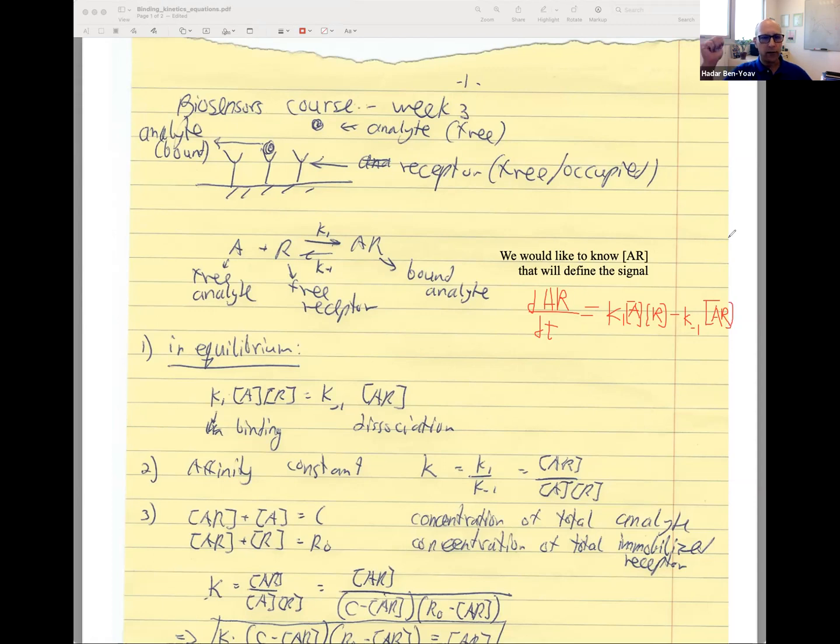This is the equation we saw in the previous slide about the reaction kinetics of the association.